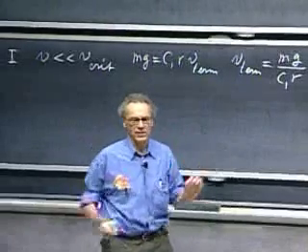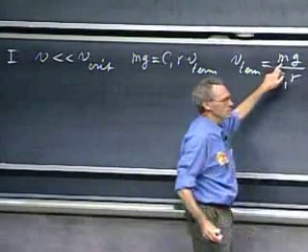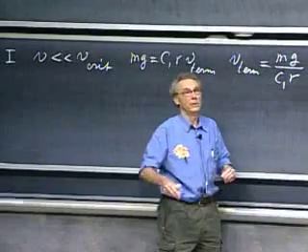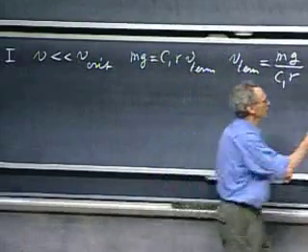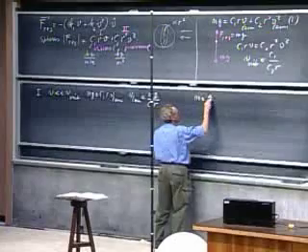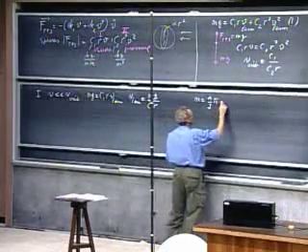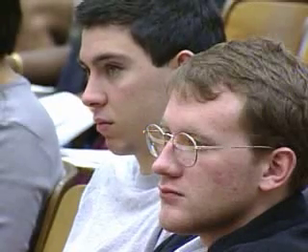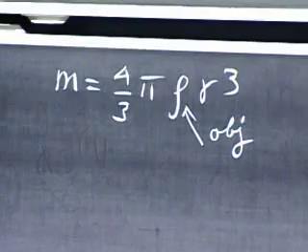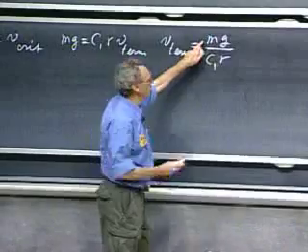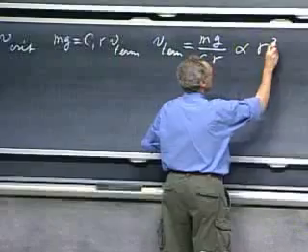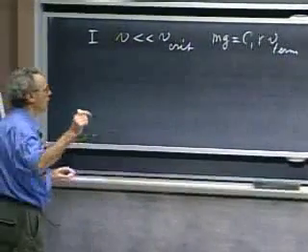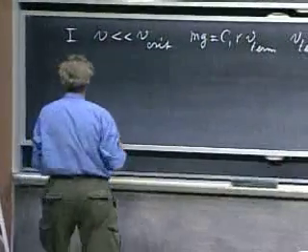If you take objects of the same material, that means they have the same density, the density of the objects that you drop in the liquid or in the gas, so that m equals 4/3 pi rho r cubed. This is the rho, the density of the object. It's not the density of the medium. Then you can immediately see, since you get an r cubed here, that this is proportional to the square of the radius, if you drop objects in there with the same density.